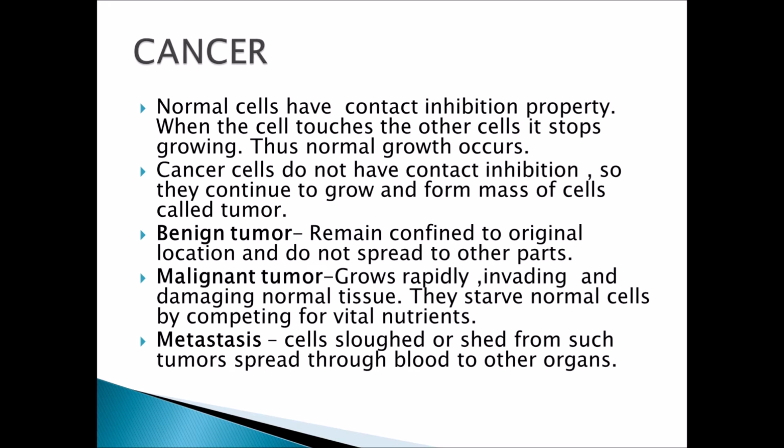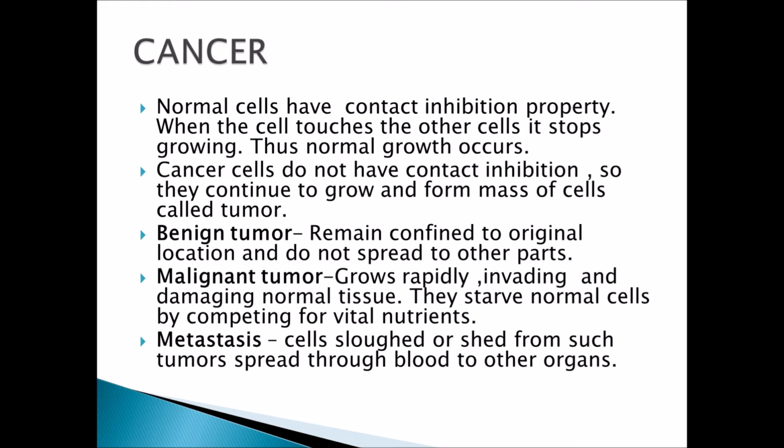So this malignant tumor can spread to other parts. It does not remain locally, and these cells are neoplastic cells. They starve normal cells by competing for vital nutrients. So these malignant tumor cells compete with the normal cells, and the normal cells are starved for the vital nutrients.